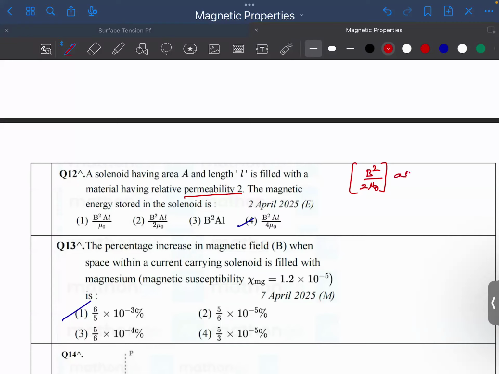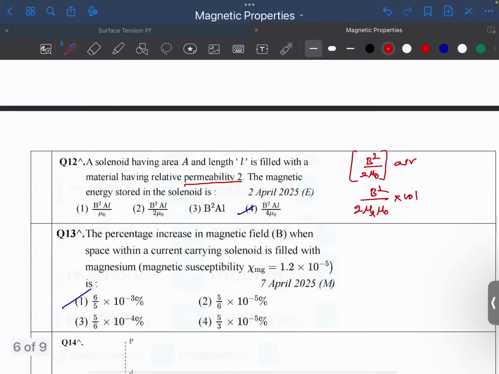With a medium, it is B square by 2 times mu r mu naught into volume. That's all. Any doubts? Boys and girls?